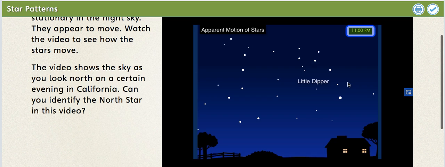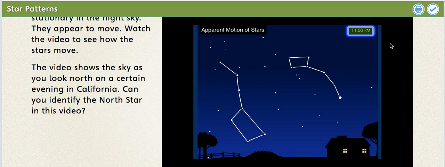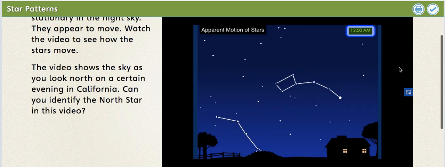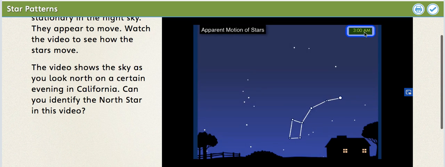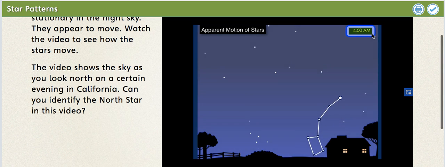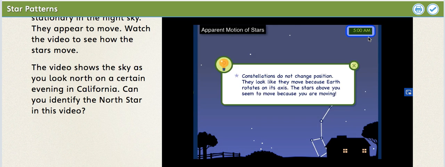This is the Little Dipper at the same hour, 11 p.m. Can you see how they are moving? It's 12 a.m., 1 a.m., 2 a.m., 3 a.m., 4 a.m., 5 a.m.